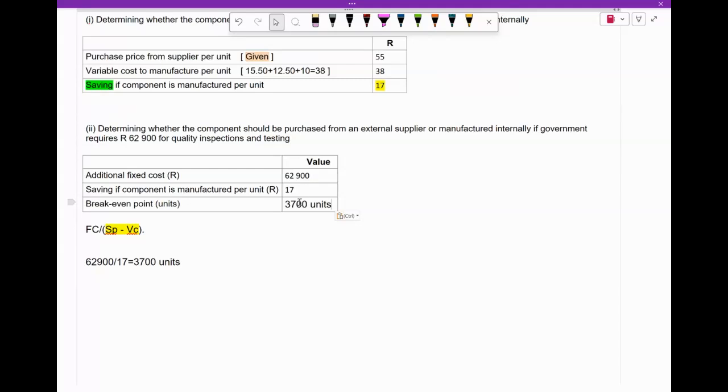We should go and buy it, because we will not be able to cover our fixed cost. Does that make sense? Okay. So yeah, this is one of those. If you've never done the exercise, you'll be stuck over here wondering what am I supposed to do next? Okay, but does it make sense?